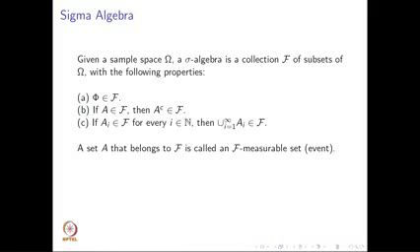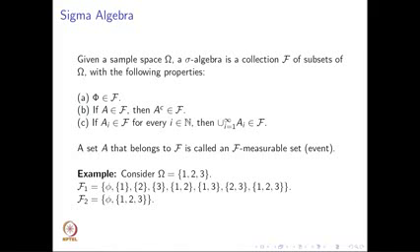So going back to the third property, what this essentially says is that if there are a number of events which belong in the sigma algebra, then the countable union of these events also belongs in the sigma algebra. Let us consider an example. Consider omega equals 1, 2, 3. This is our sample space. With this sample space, we can construct a number of different sigma algebras.